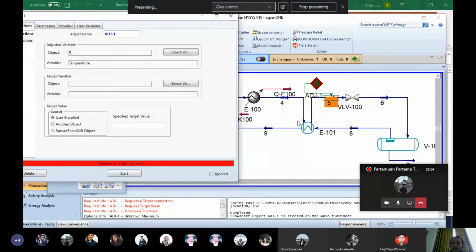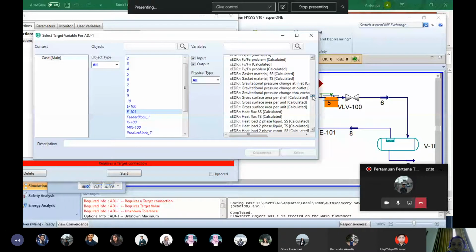And then for the target variable, as we already understand, I would like to make the minimum approach of this heat exchanger, which is E101, go from 15 degrees to 5 degrees Celsius. So I click select variable, and then I move to my heat exchanger, E101, and find the process parameter of minimum approach.